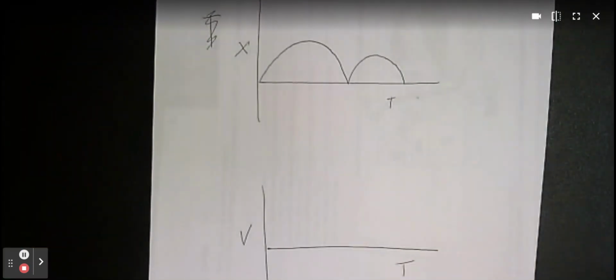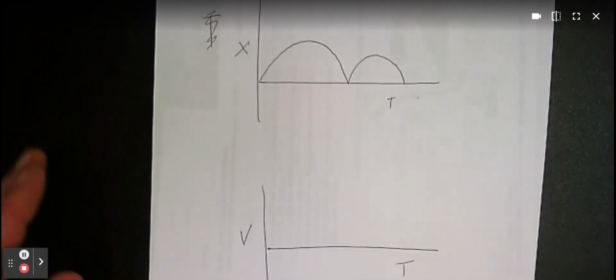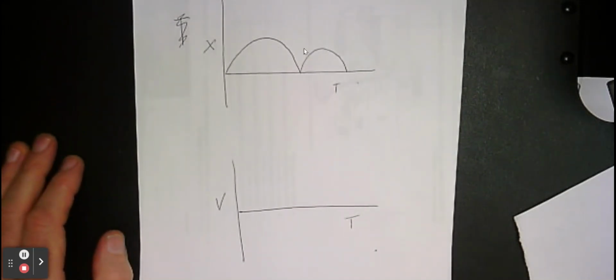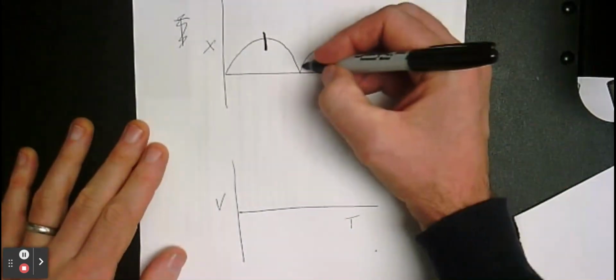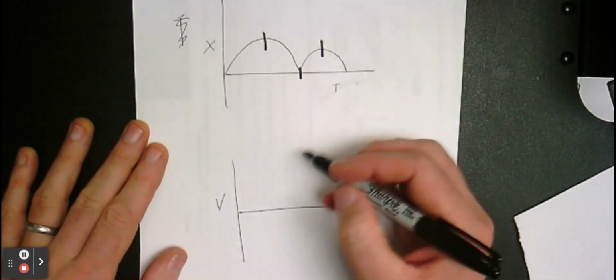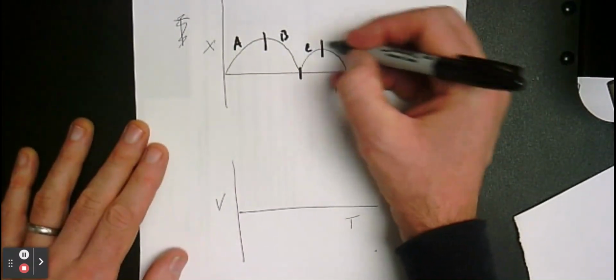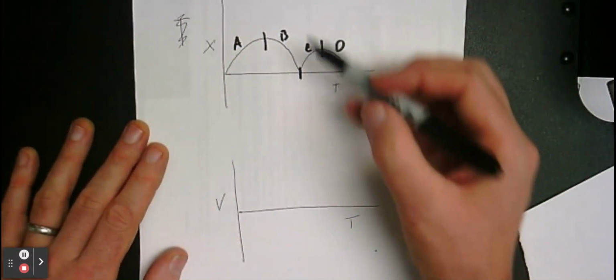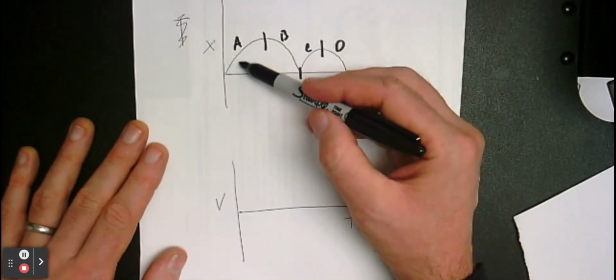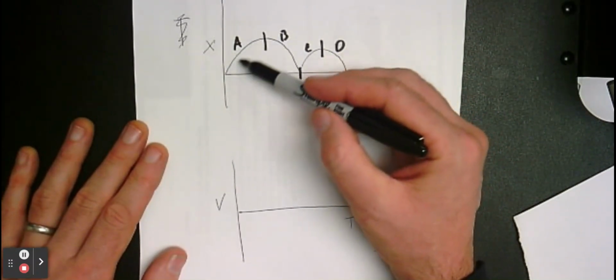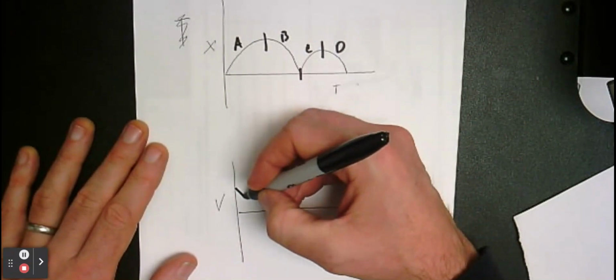All right. Let's say I've got this position graph up here, and I've got these bumps. This is like a ball bouncing. I'm going to break it up into sections, A, B, C, and D. Now you'll notice this is the line getting less steep, but it's moving up, so that's this.